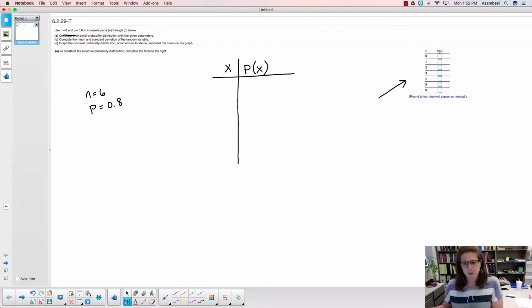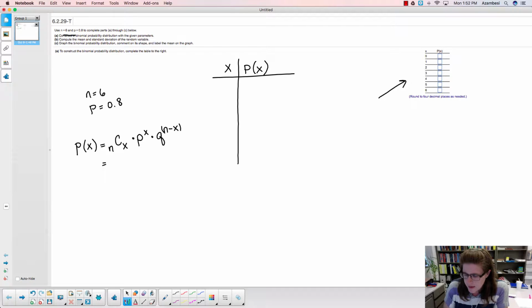Alright, so as far as the binomial probability, the probability of a certain number of successes is equal to the combination n combination x times p to the x power times either q or 1 minus p to the n minus x.